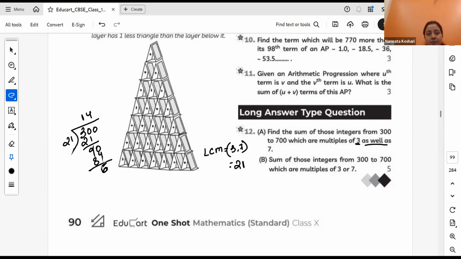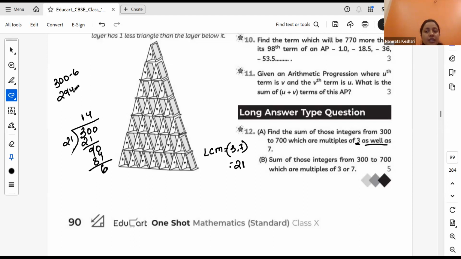We are getting 6. So in this 300, 6 is extra. So 300 minus 6 is 294. This is the number which is just before 300 and is divisible by 21, which comes in the table of 21, right?